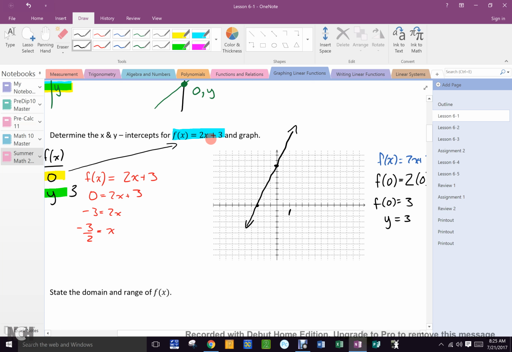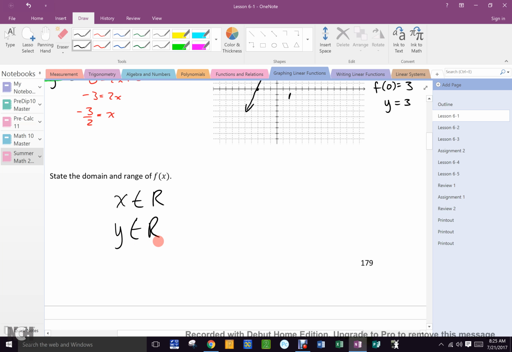Okay. What are the domain and range of that? X is all the real numbers, because I can put every single number in there, multiply it by 2 and add 3. And y is all the real numbers. Okay? If it is a linear function, and it's not real life, it's a math class function, then the domain and range is always all real numbers.